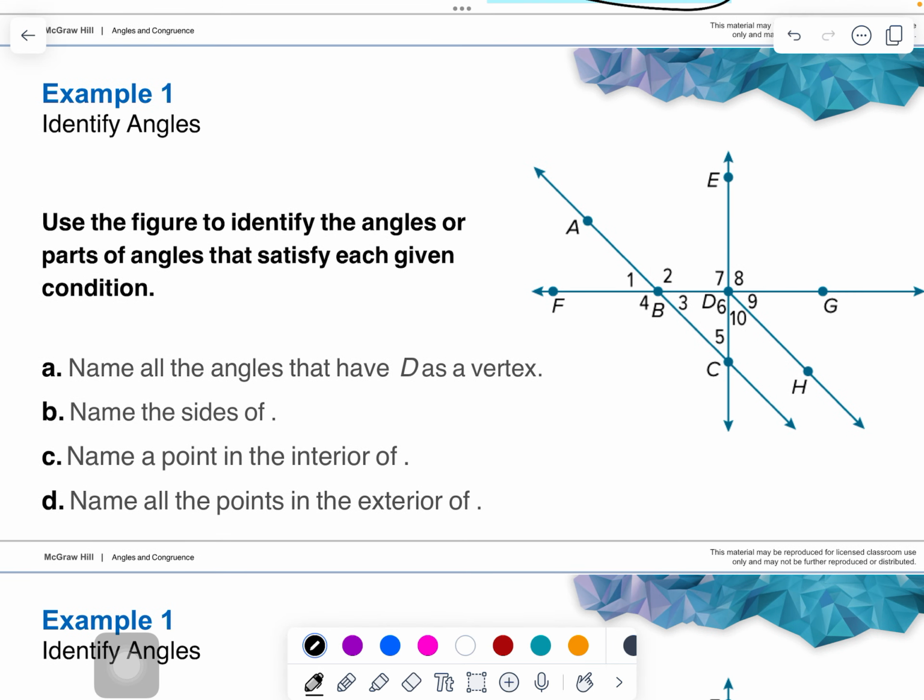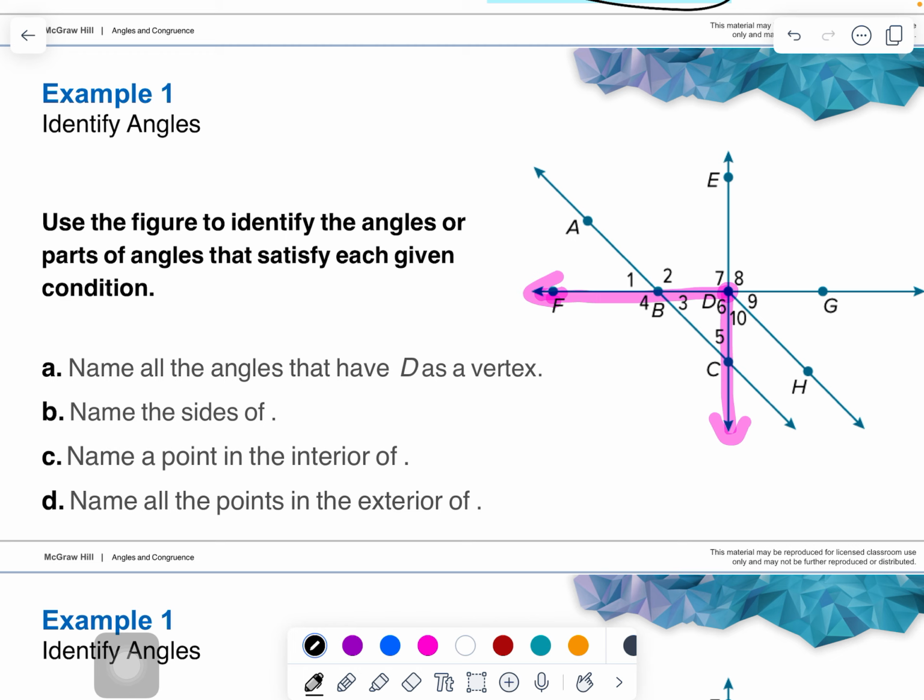So in this example, they want you to name all the angles that have D as a vertex. If I was doing this, I would find D and start tracing lines. You would find a ray. Here's a ray. And find another ray, and I would name that.